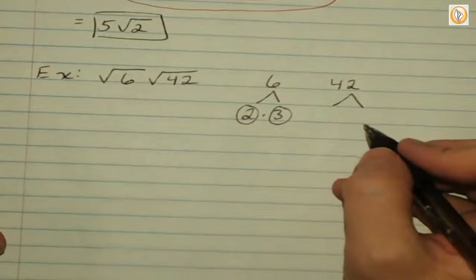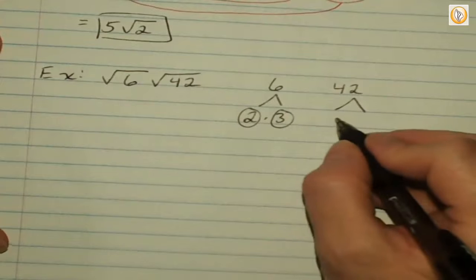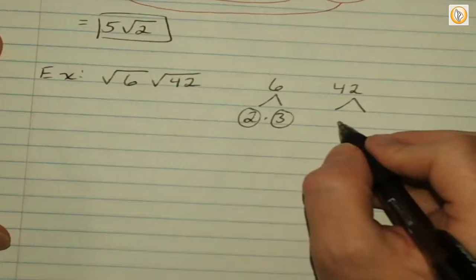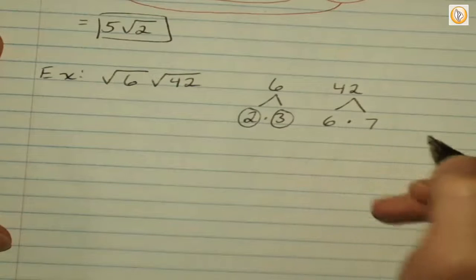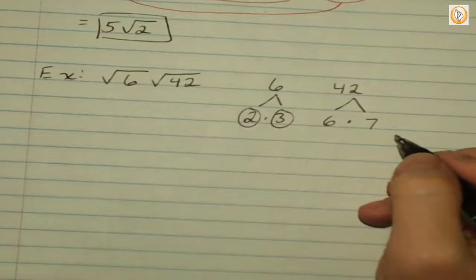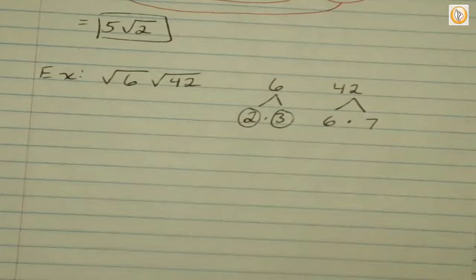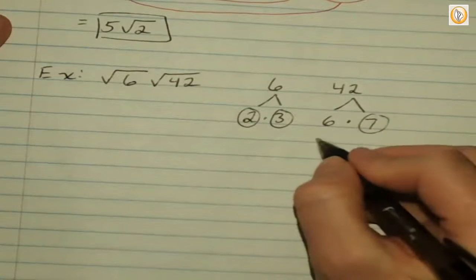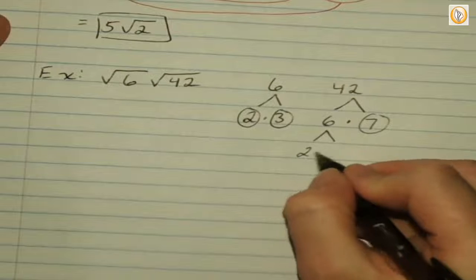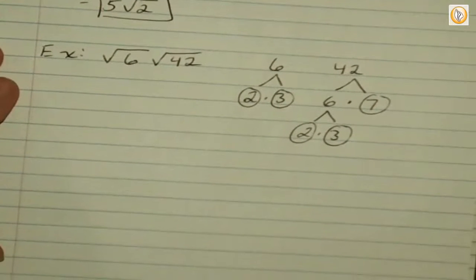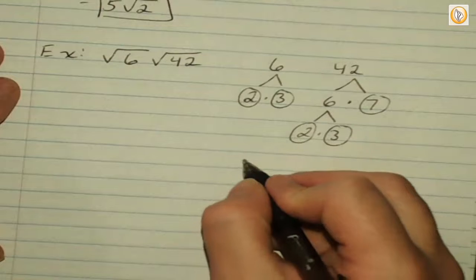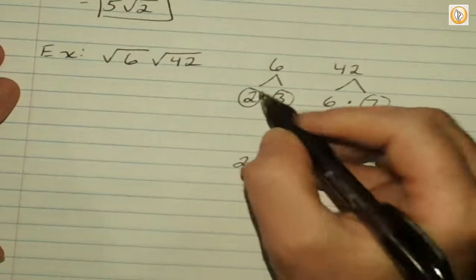What 2 numbers when multiplied give me 42? 6 and 7. Y'all can do 21 too. It doesn't matter. 21 times 1. And then 2 times 3. And then we list out in order from least to greatest.